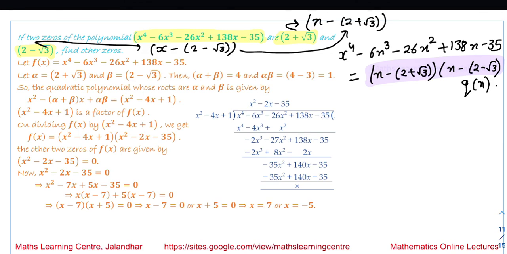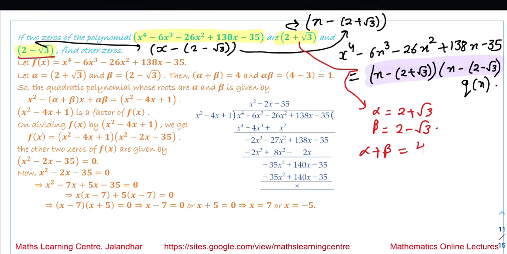In place of multiplying these two terms, we can do this: suppose alpha is equal to 2 plus root 3, and this is one root, and the second root is beta, equal to 2 minus root 3. Alpha plus beta is 4, and alpha into beta is 2 plus root 3 into 2 minus root 3, so it is 4 minus 3 is equal to 1.